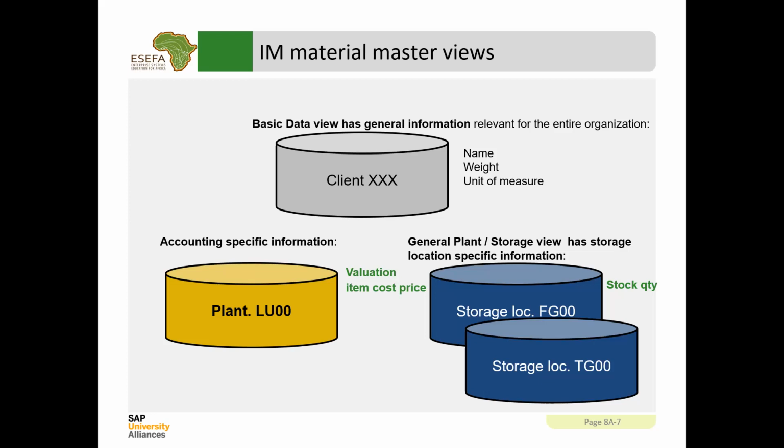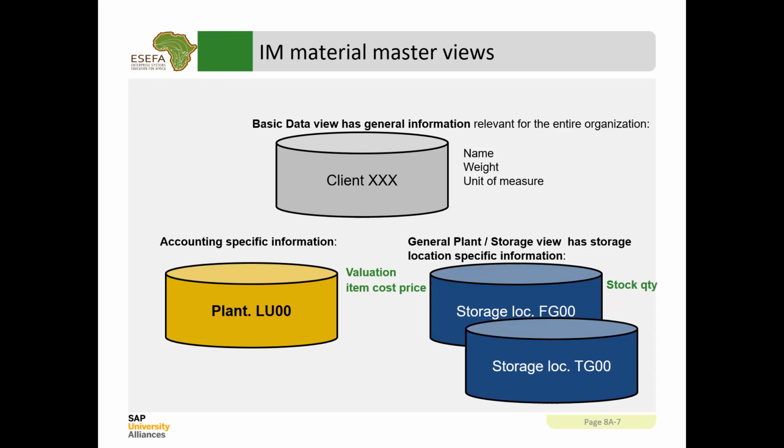Then there is accounting-specific information. Accounting data is maintained for each of the plants. For example, from what we have on the screen, you see plant LU00. That talks about the Lusaka plant. So what is the value of items in the Lusaka plant? What is the item cost price?